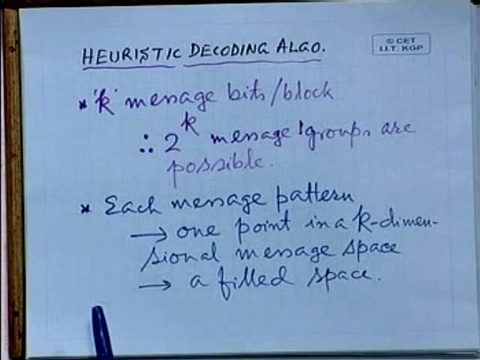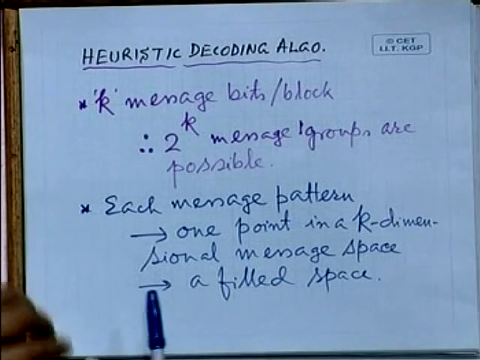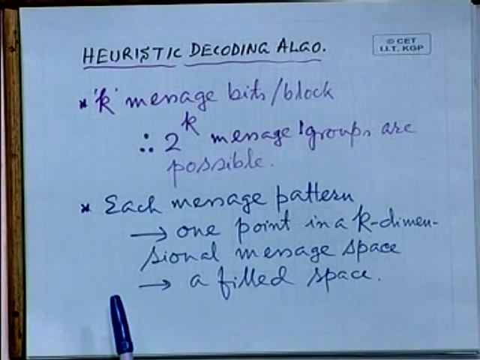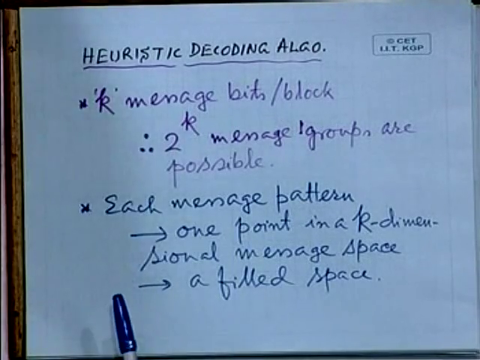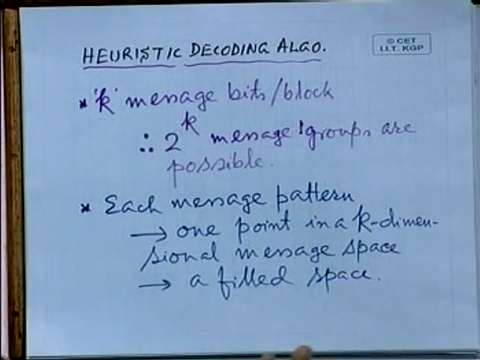That is the reason why in block coding and in convolutional coding also, indirectly, we have to bring in some additional bit patterns.